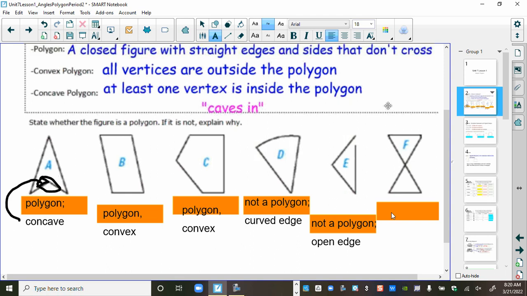And then the last one. What about this one? Polygon or not a polygon? Well, what's going on? Do any of our sides cross? Yeah. So, sides cross, not a polygon.